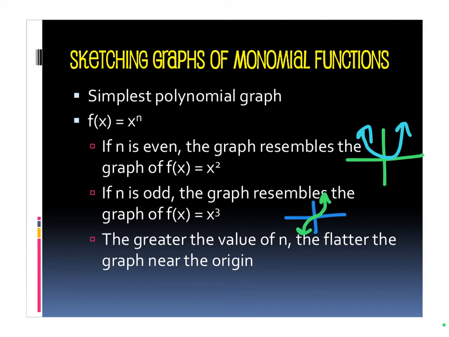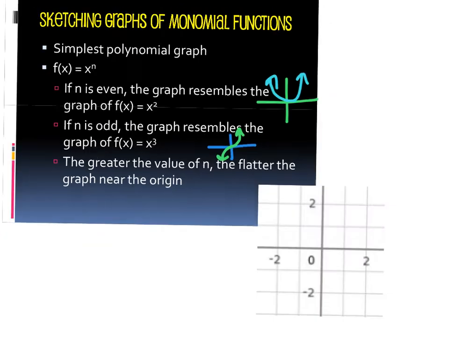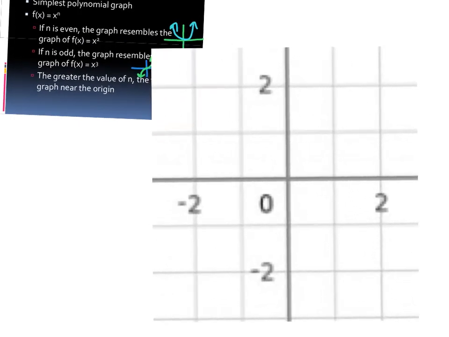And the greater the value of n, so the higher the exponent, the flatter the graph is near the origin. I'll let you write it down and then I'll give you an example of what that looks like. Let's say I have a graph that is just f of x equals x squared, okay? So I've got a 0, 0, I've got a 1, 1, I've got a negative 1, 1.